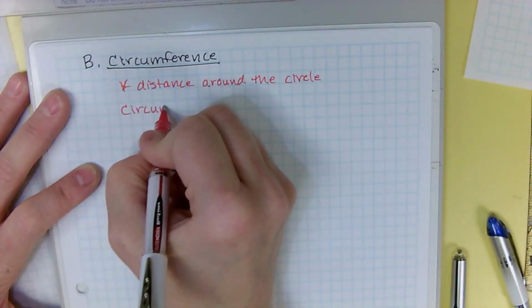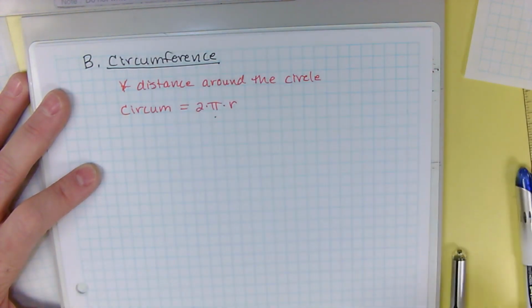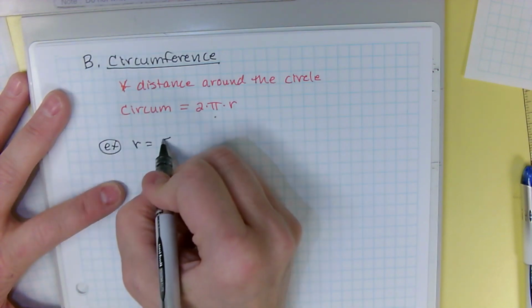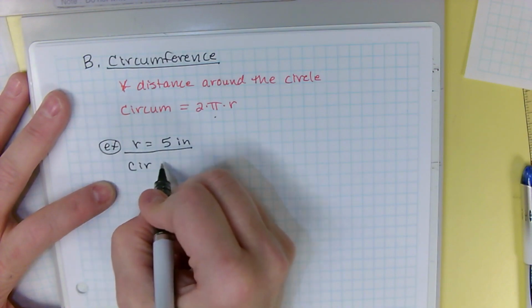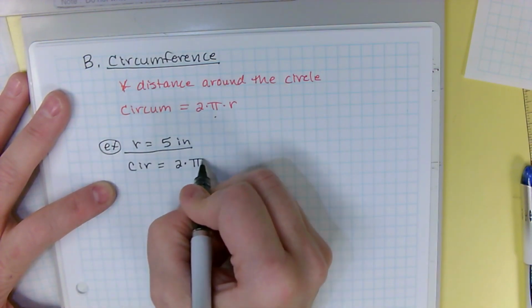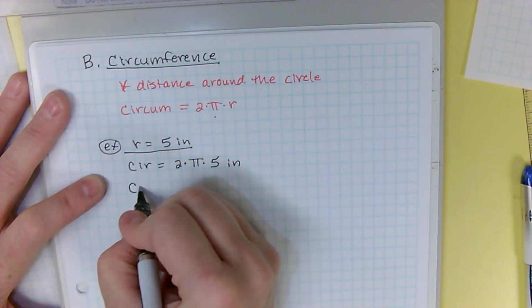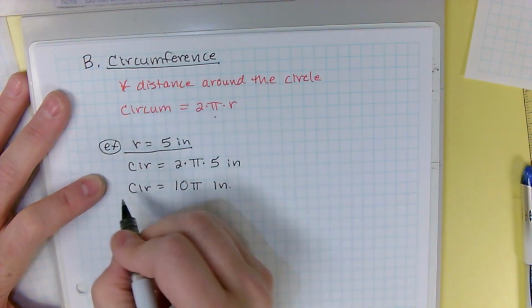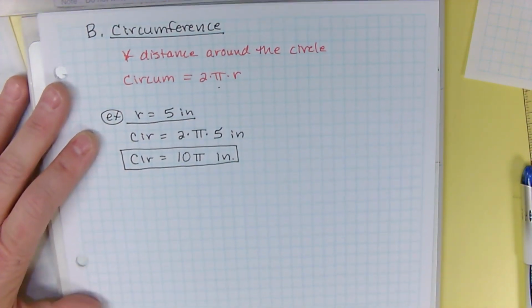Your equation for circumference is 2 times pi times r. So for example, let's say your radius is 5 inches. So that means that your circumference is 2 times pi times 5 inches, which simplifies to 10 pi inches. Again, circumference is distance, so the unit is just inches, not inches squared.